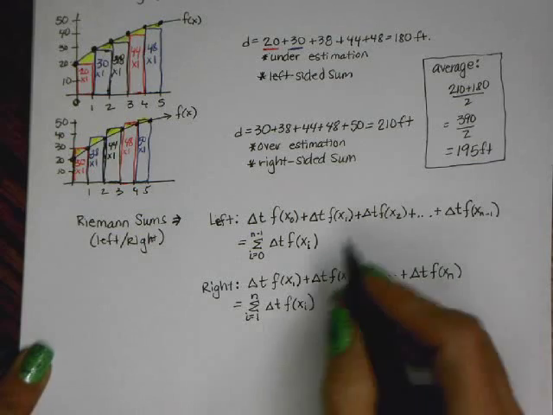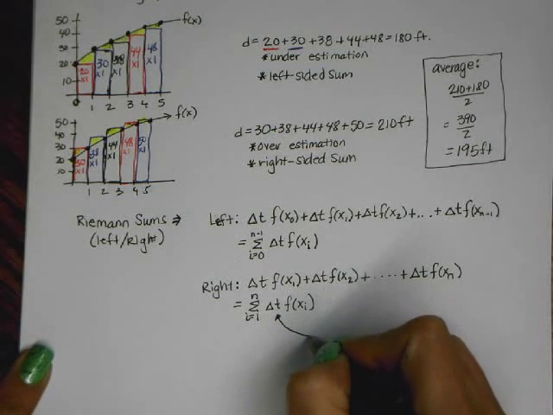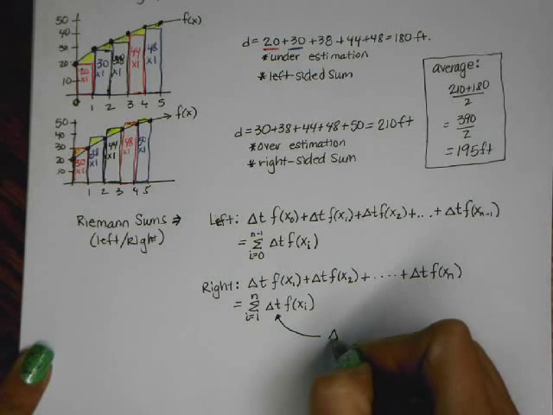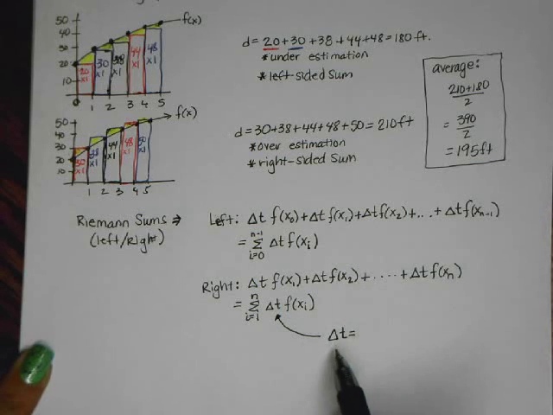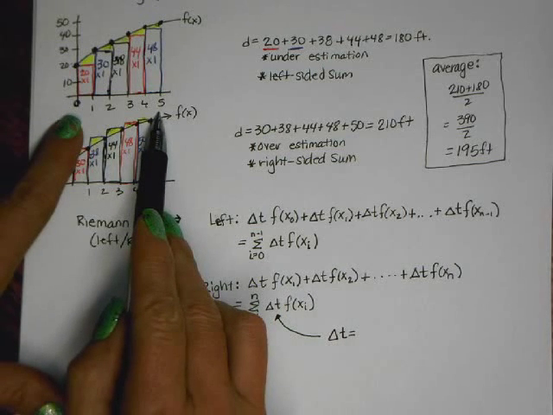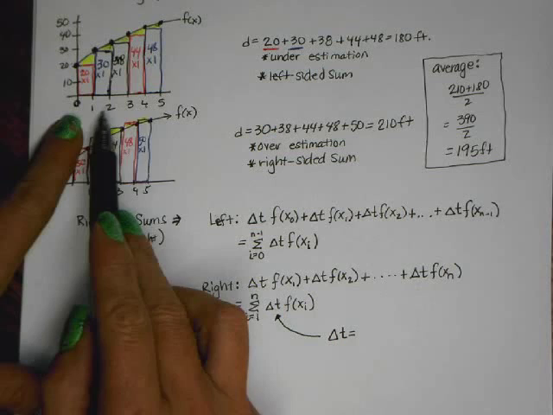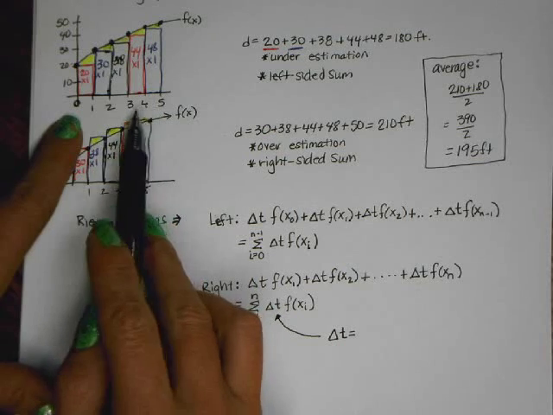Okay, little side note, I threw the delta t at you. However, delta t can sometimes be elusive, so we have a formula for that too. We always find how big our width is by taking our first number and our last number and subtracting them, and then dividing by how many rectangles we want. So in this case, I'd go 5 minus 0 divided by 5, and that's how I get 1.